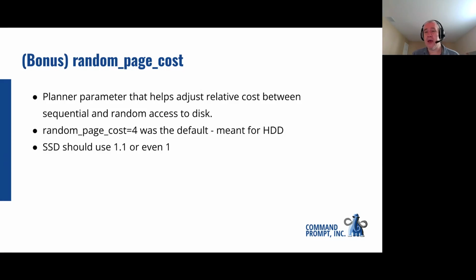On those types of file systems, there's a big difference between accessing data sequentially versus accessing random data pages. On modern SSDs, there is not much difference between asking for random disk blocks versus asking for them in a sequential manner.